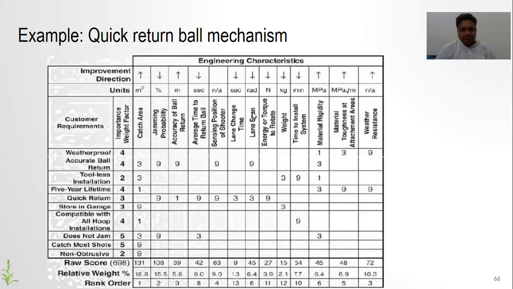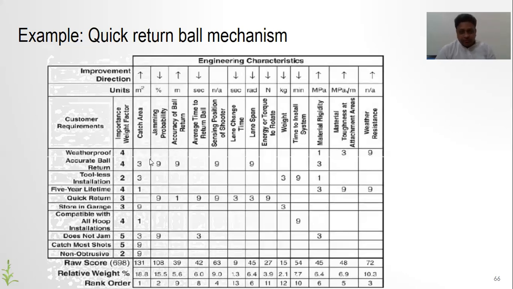Lane span, energy or torque to rotate, weight, time to install the system, material rigidity, material toughness at attachment area, weather resistance. So that is the hierarchy of customer requirements versus the engineering characteristics.